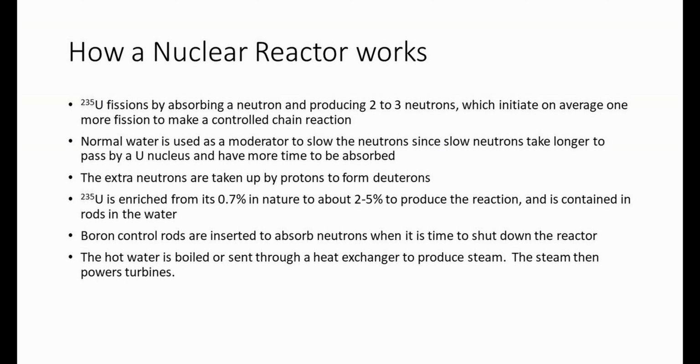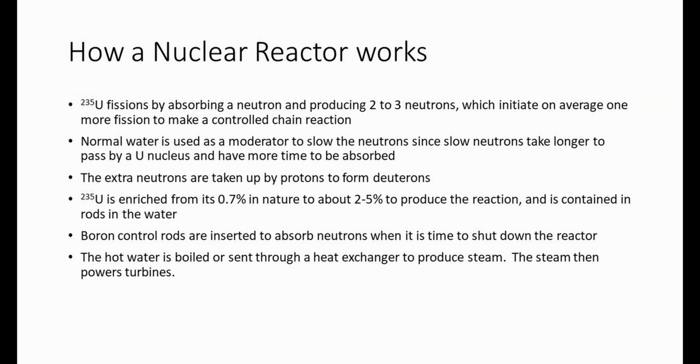And the hot water is boiled, the same water which you are using as a moderator. Okay, so the moderator moderates the velocity of the neutron. Some amount of course gets converted into deuterium. Okay, but for the most part, the moderator effectively just slows it down, whereas boron absorbs it.